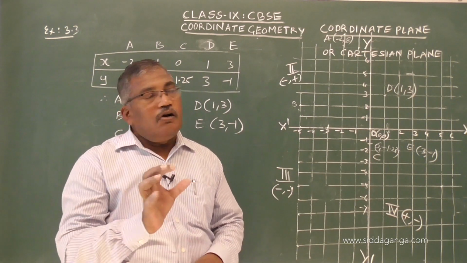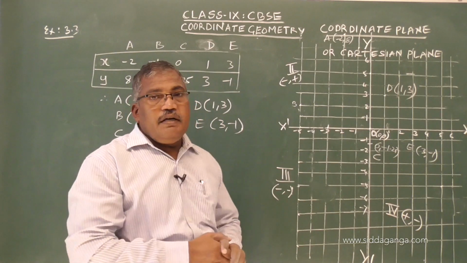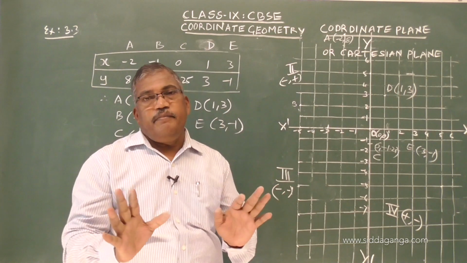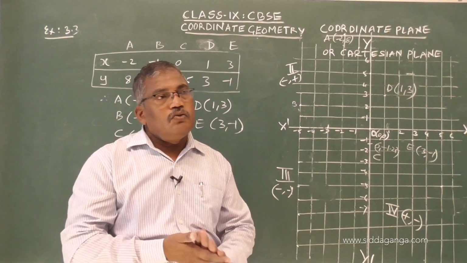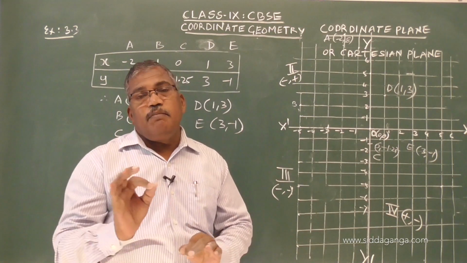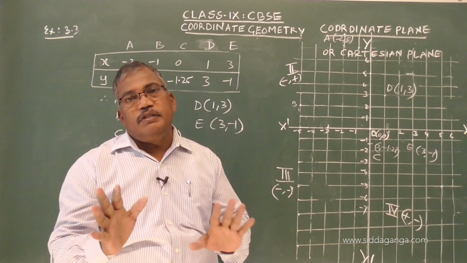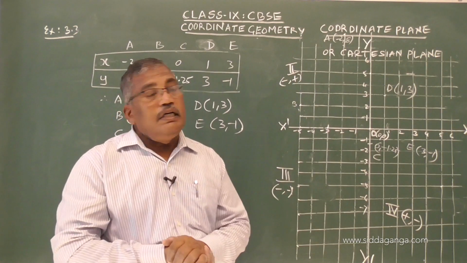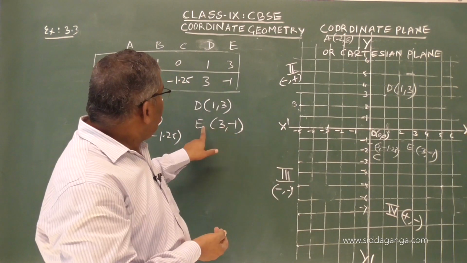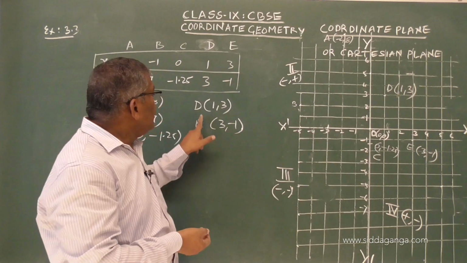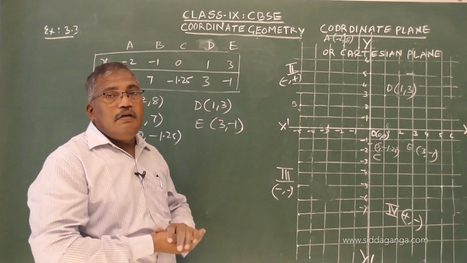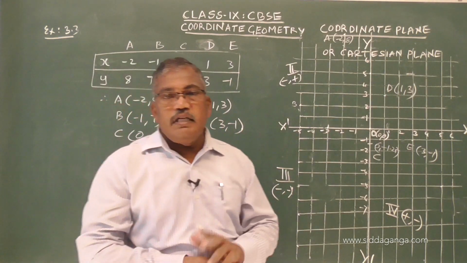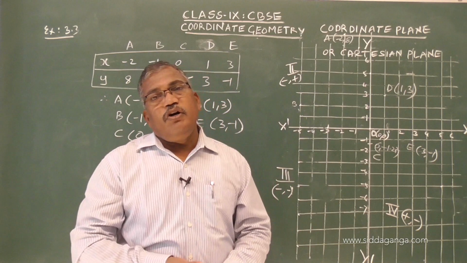P(x, y) is known as the ordered pair, also known as the coordinates of point P. They are the same words, ordered pair or coordinates of point P. It is represented as P(x, y), like D(1, 3). The first one represents the x-coordinate, the second one represents the y-coordinate.